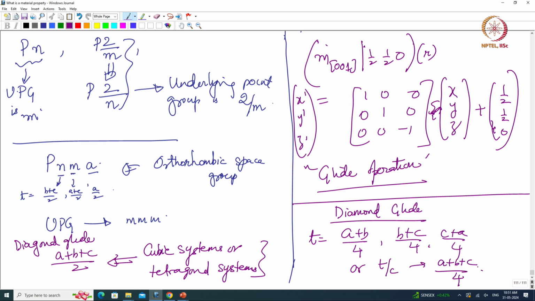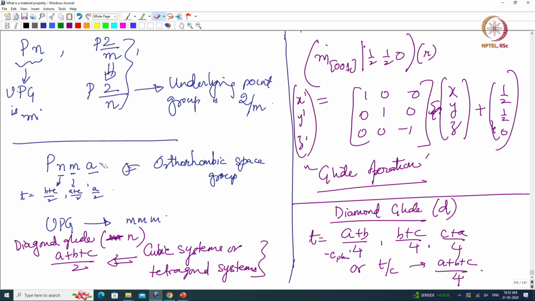I have a mirror plane here, for example the c plane is the mirror plane, and the diamond glide is represented as d, the diagonal glide is represented as n glide.